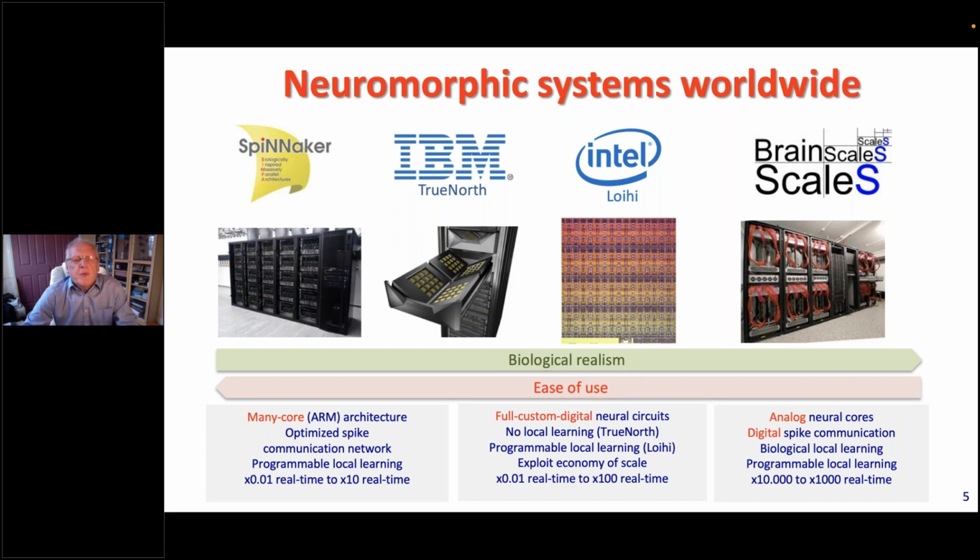So there are many different points on this scale, and the SpiNNaker system really represents the extreme left-hand end of the scale. The Heidelberg system is pretty much to the right end, and other systems that are notable, such as the IBM TrueNorth and the Intel Loihi, are somewhere towards the middle of this scale. They are both digital systems, but with the algorithms that they use embedded in the hardware, whereas in SpiNNaker they're implemented in software.